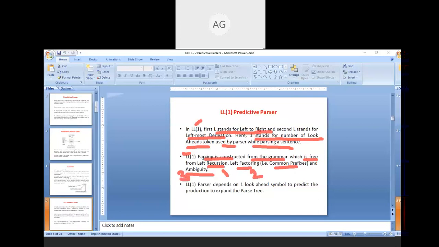After that, you can convert that grammar into LL grammar. So these are the requirements. The LL parser depends on one look ahead symbol to predict the production to expand the parse tree. Here only one look ahead symbol is there because it is LL(1) grammar.